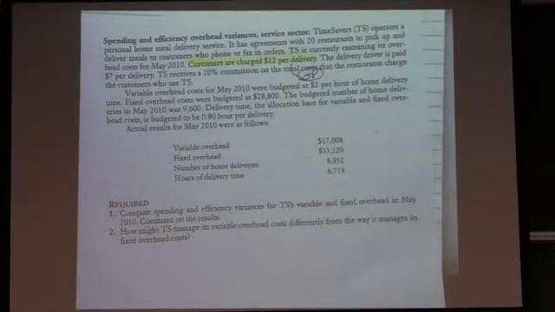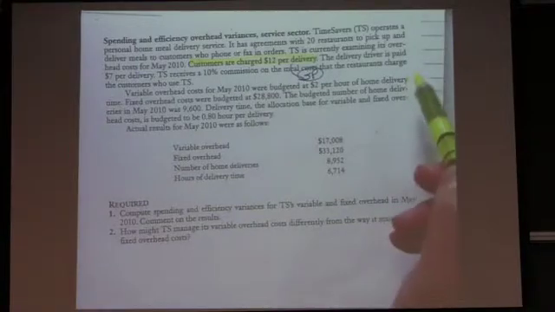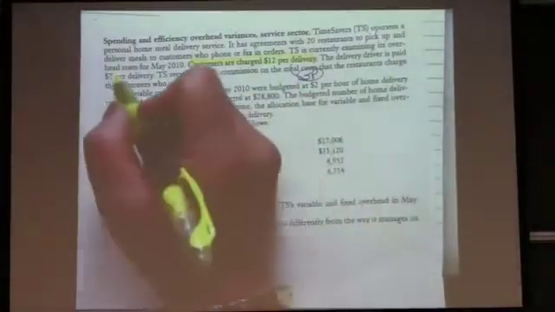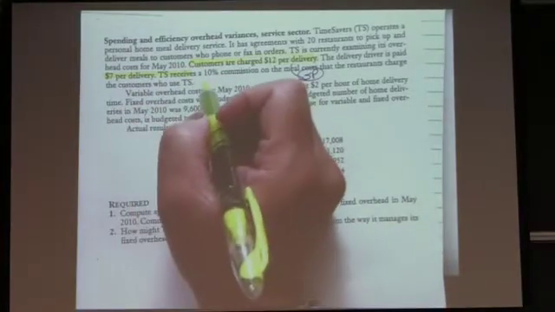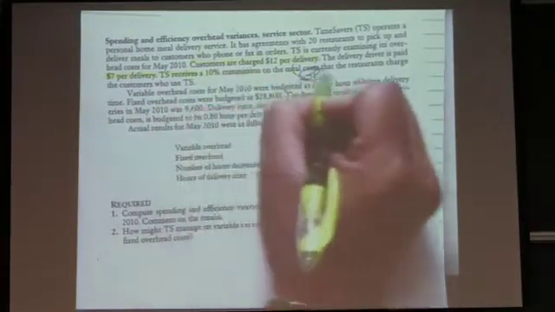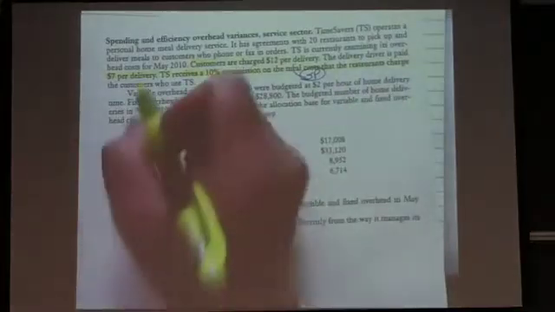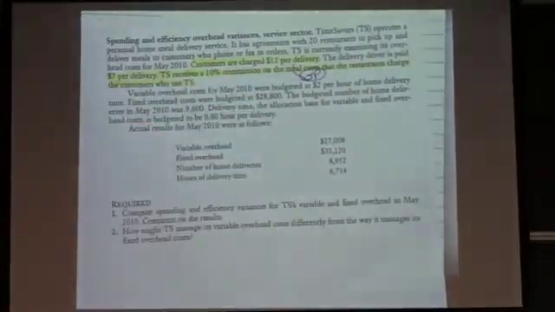The delivery person is paid $7, that's the actual, and TS, Time Savers, receives 10% commission on the meals the restaurant charged the customer who uses TS. Now here's the meat part of answering this question.